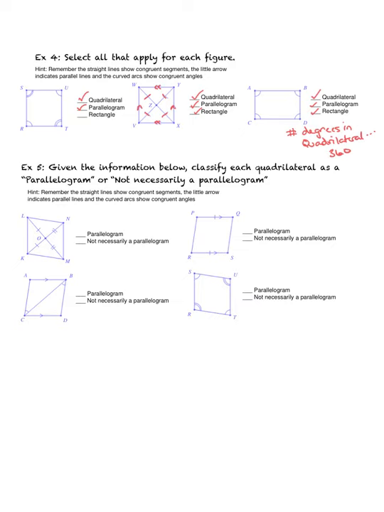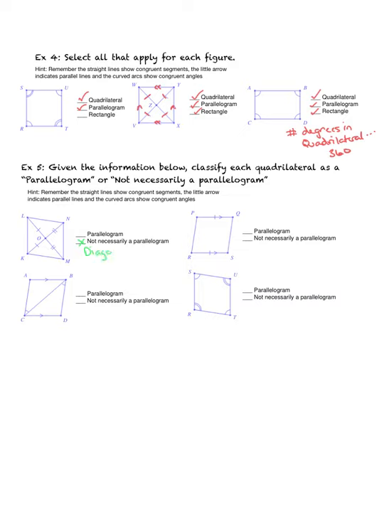There's nothing about the sides. Now, if you look at the diagonals, they are not bisected because NO is not congruent to KO, and LO is not congruent to MO. So it is not necessarily a parallelogram.